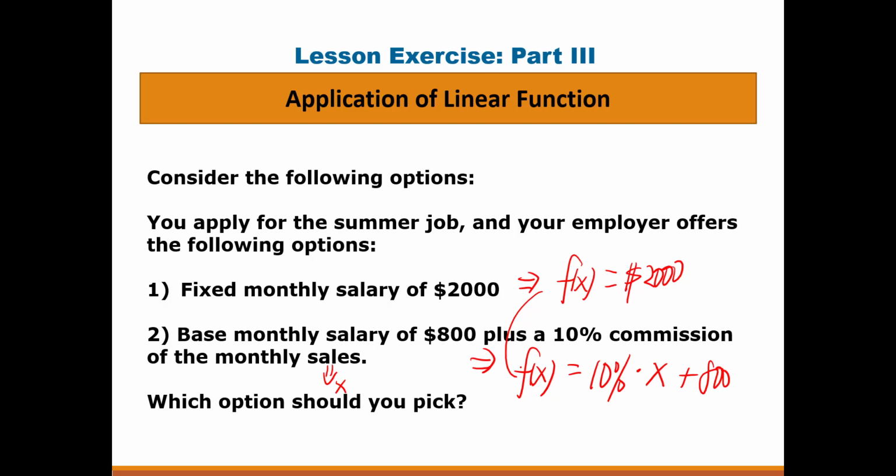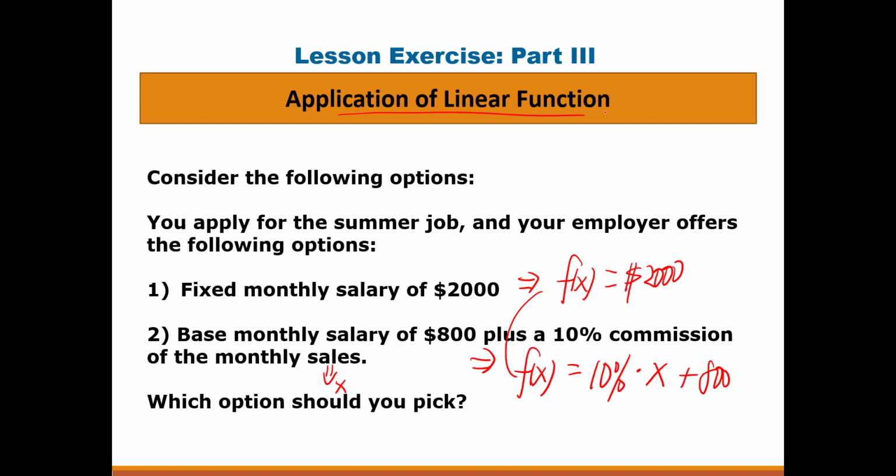But it depends on the functionality and other factors. You pick the better option here. Right? So this is how we utilize the linear function to make decisions in real life. This is a typical sales job. So you look into that and figure out a better option for yourself.